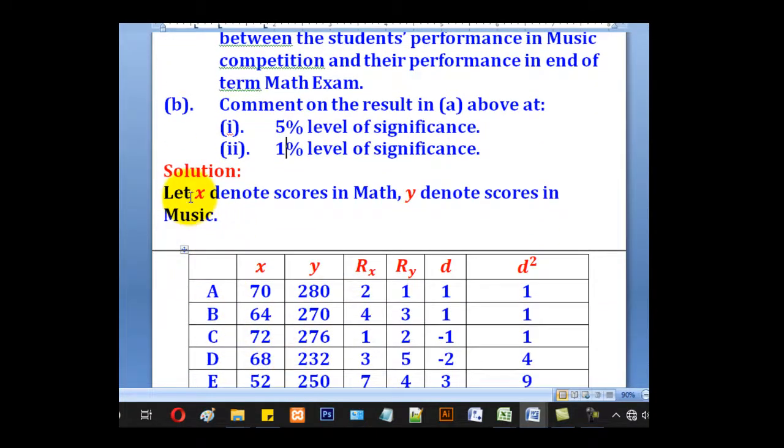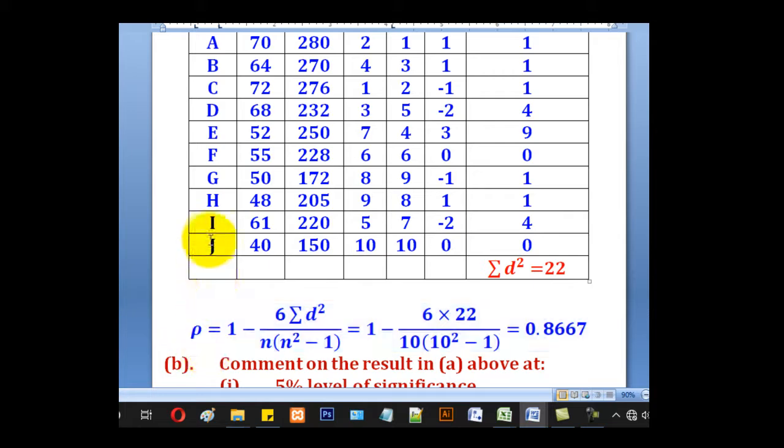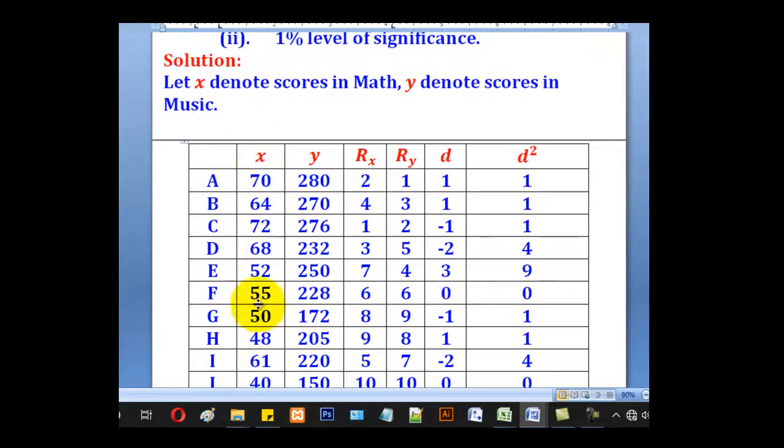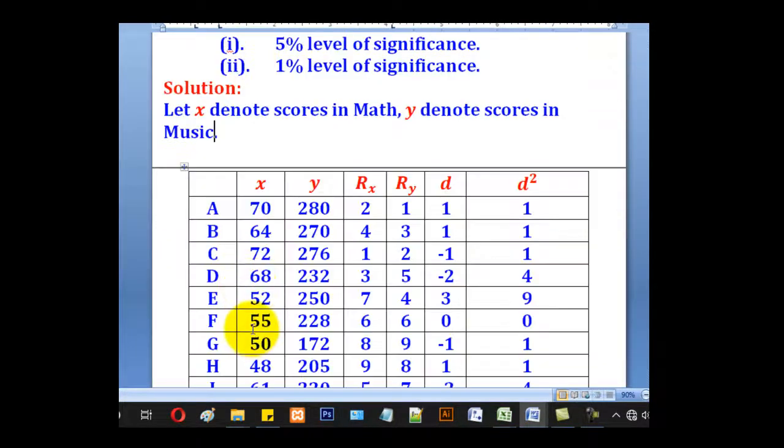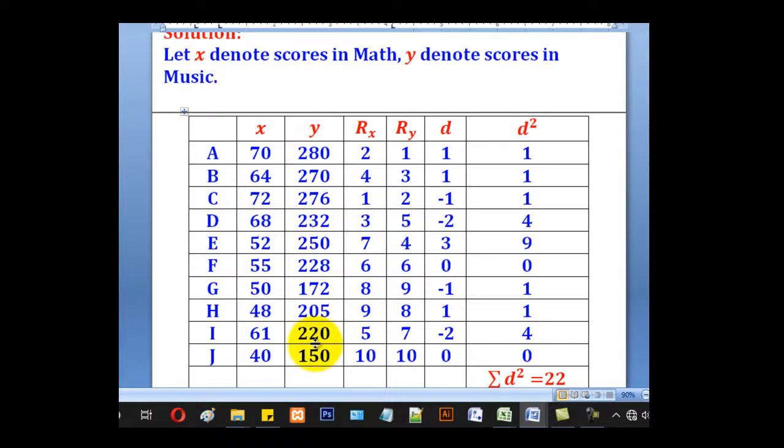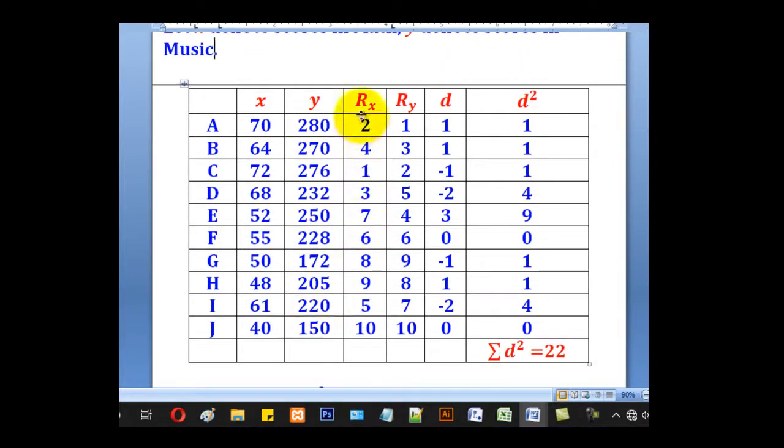In this case, we shall let X denote the score in math and Y denote the score in music. Then we shall come up with a table. This shows the students A, B, C, D up to J. Then these are the marks for math, and these will be the scores for music. Now this is the rank for X, like we saw in Lesson 3, on how to rank.